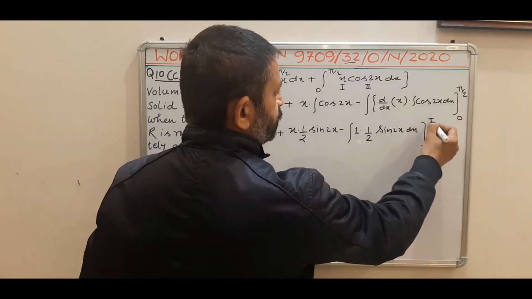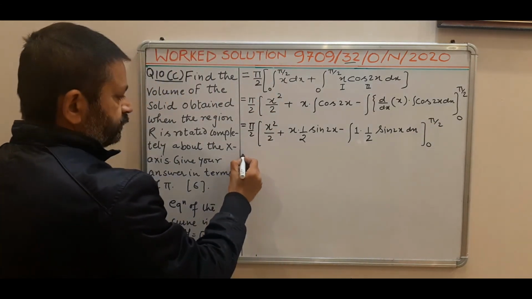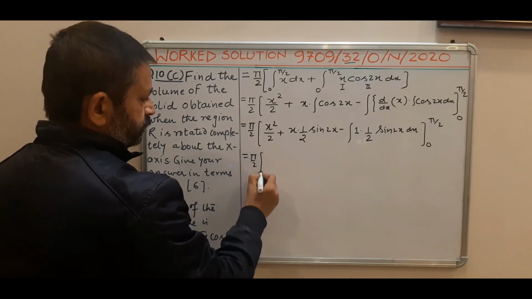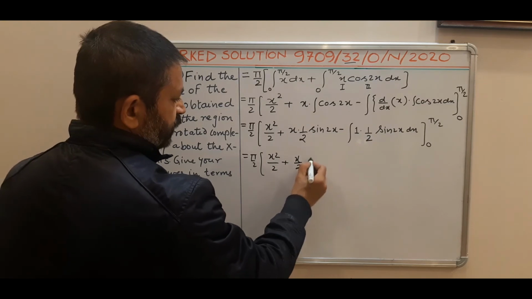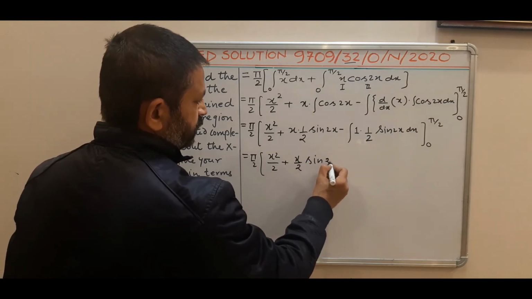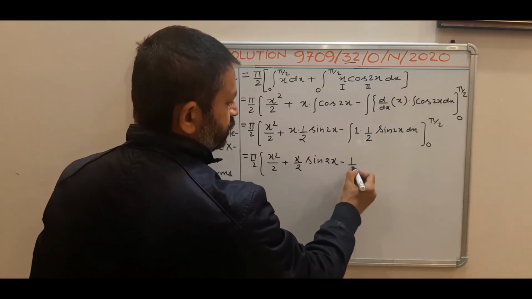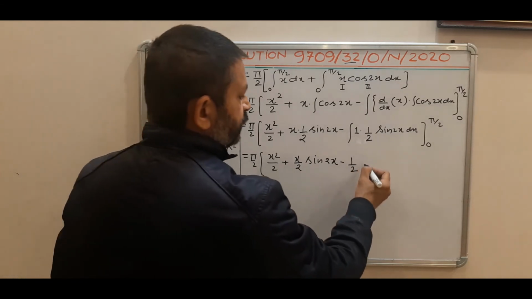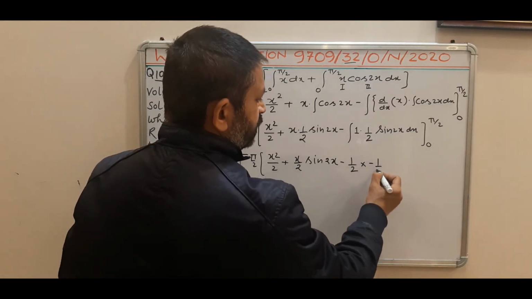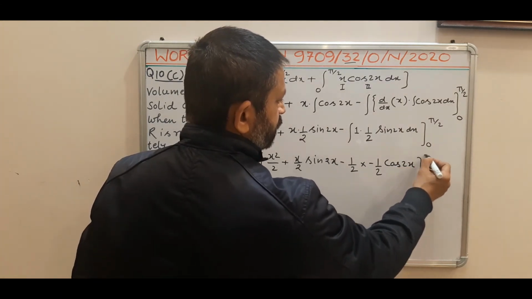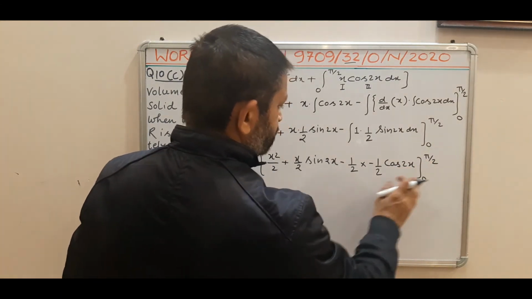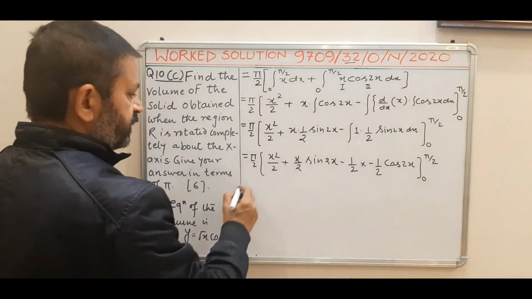Limit is from 0 to pi by 2. x upon 2 sin 2x minus 1 by 2, and integral of sin 2x will be minus half cos 2x. Now integration is done. Now we'll substitute the limit here.